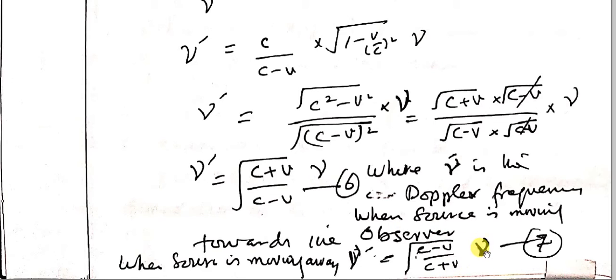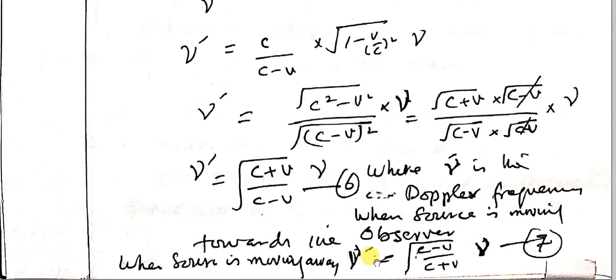So the Doppler frequency as observed by the two observers: nu is the frequency of the stationary observer outside, which will see a Doppler shift given by the ratio of the speed of light minus v and the speed of light plus v, as a square root, times nu.